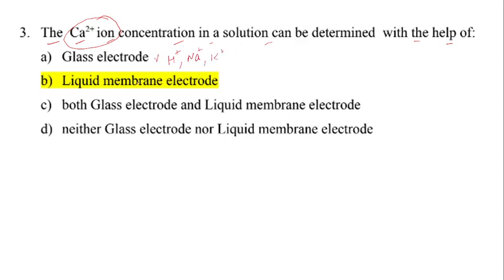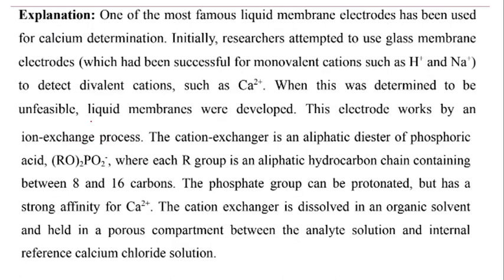For calcium, a liquid membrane electrode is used. It is a membrane which allows calcium ion to pass, and according to that, potential will be generated, which will be used to measure the concentration of calcium ion in your analyte solution. So obviously the glass electrode option is not correct, and the other is also not correct. So B is the right answer.